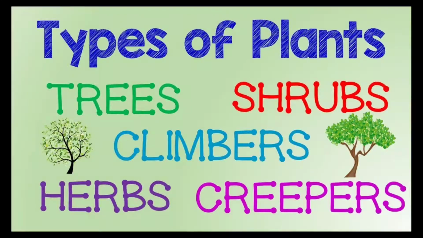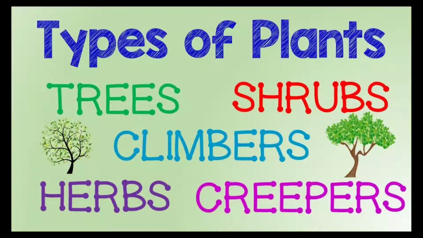Do you remember what are trees? Yes, very big and tall plants with thick trunk are trees. What are shrubs? Shrubs are smaller than trees with many branches which are thin and hard.